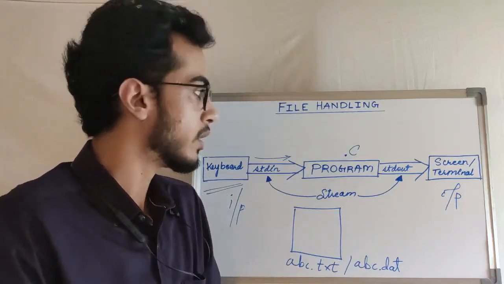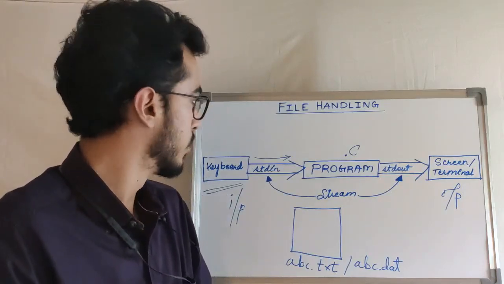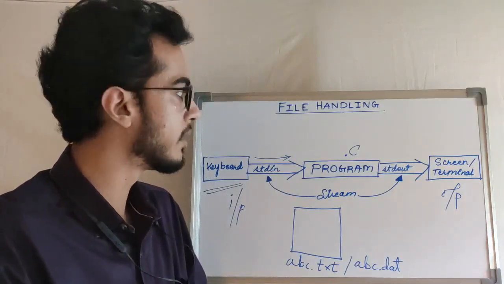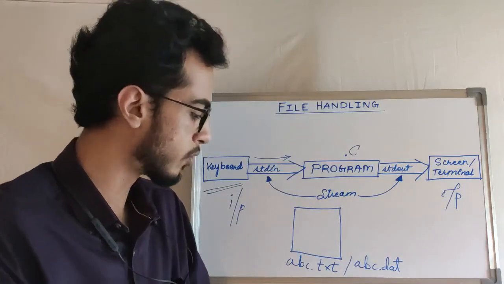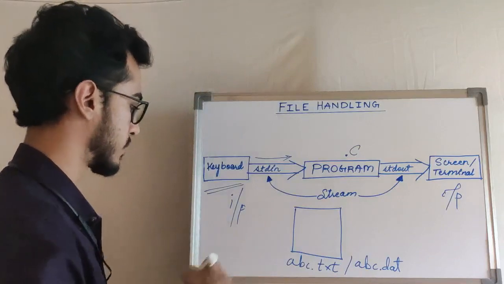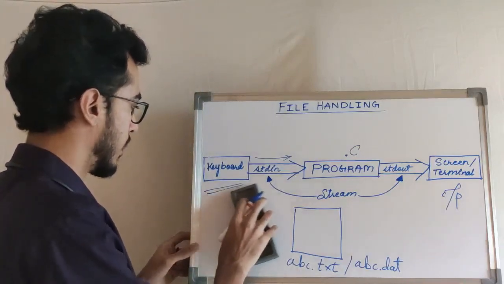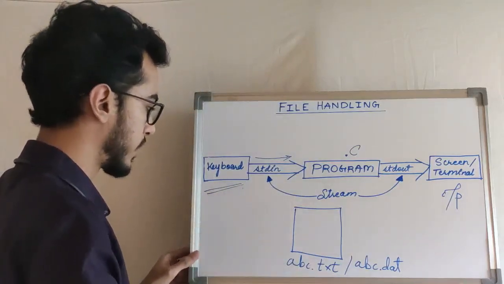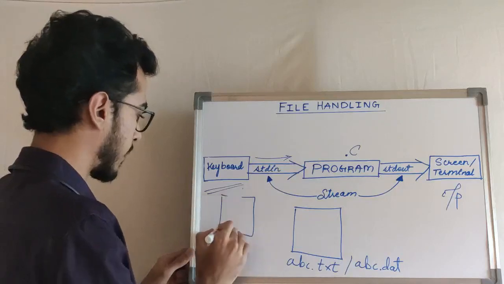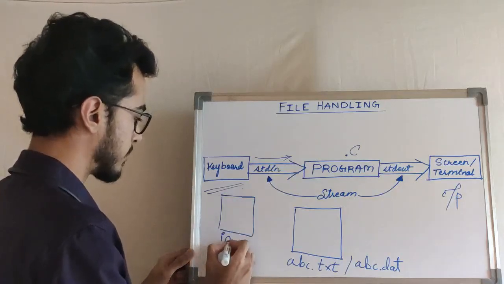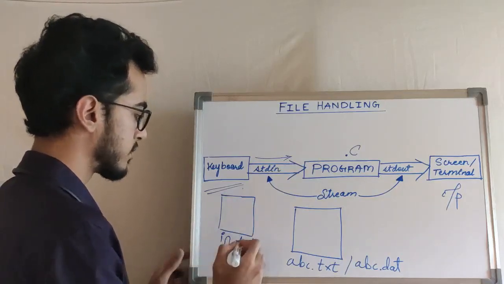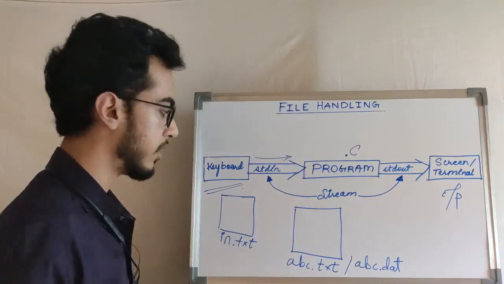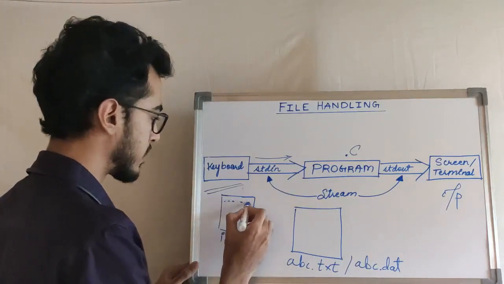So in place of using the keyboard as your input and the screen or the terminal as your output, what we'll be using here is a file. You can say a text file. I will give it a name, say in.txt. This is my input file wherein I can write those 100 numbers.